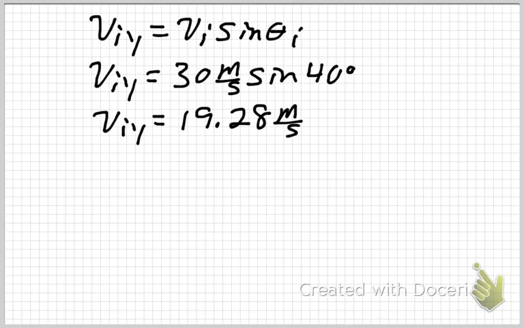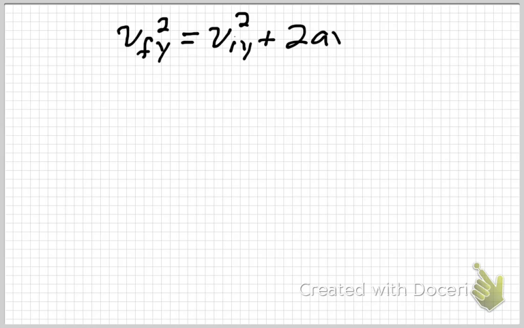meters per second. Just like we did last time, we're now going to use velocity final in the y squared equals velocity initial in the y squared plus 2ay. I need to solve for velocity final in the y.